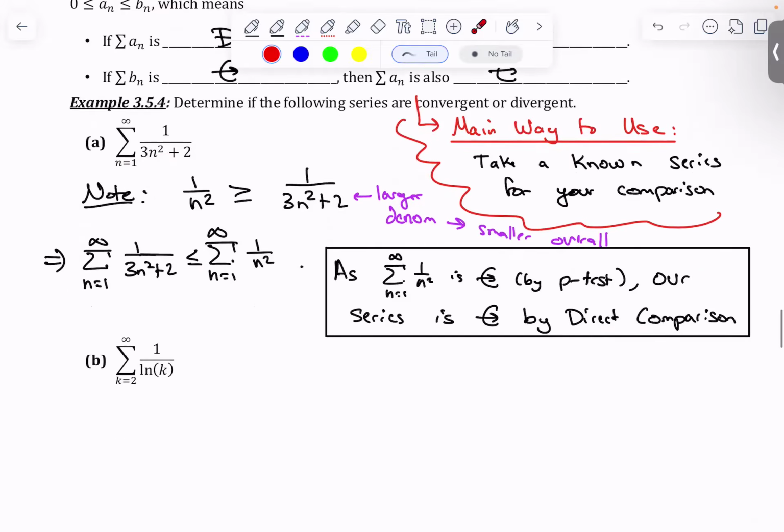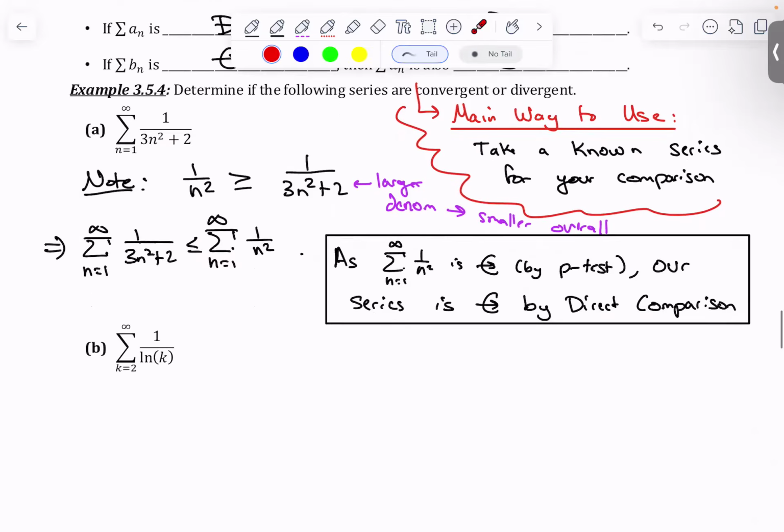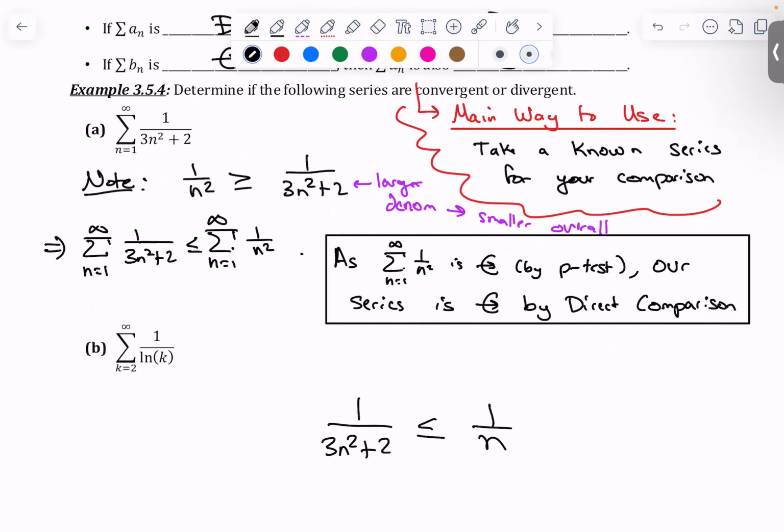So this is a situation where it doesn't help. One thing you could argue is, well, I know that 1 over 3n squared plus 2 is less than 1 over n, right? That's true, because n squared is just going to be even larger than n. This is divergent, but that has no bearing on this, because that's just an upper bound.